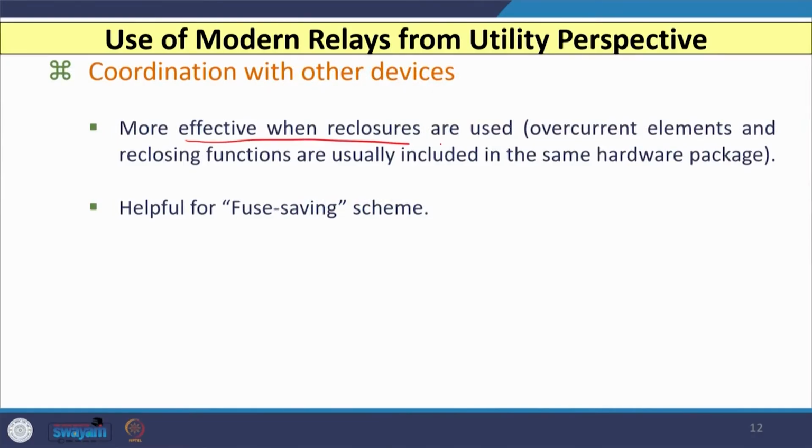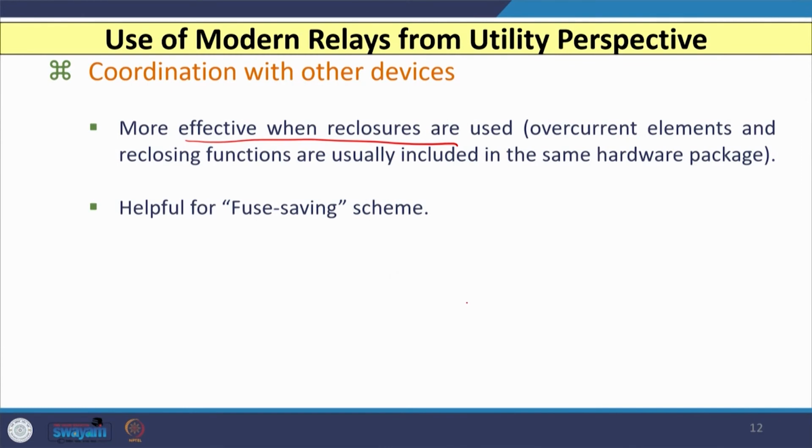In situations where we use reclosers along with overcurrent relays, this can be easily accommodated, because nowadays in the hardware package the overcurrent element as well as the reclosing element are both included together. So, this can be performed better compared to the previous generation of relays, and this is also useful particularly when you have the fuse saving concept.